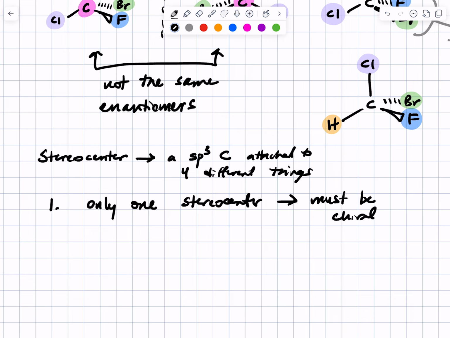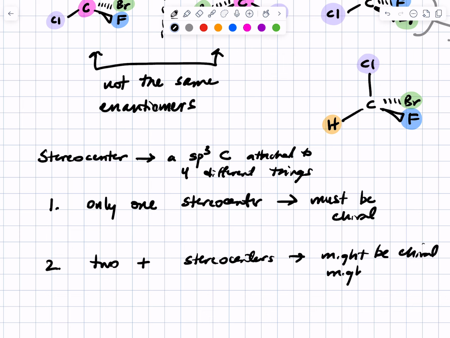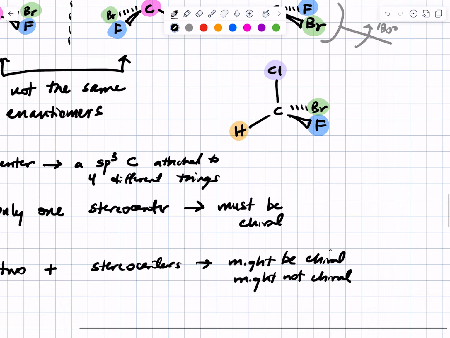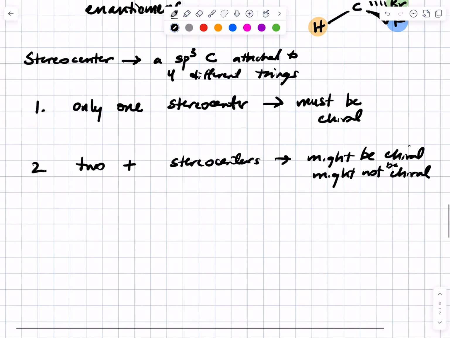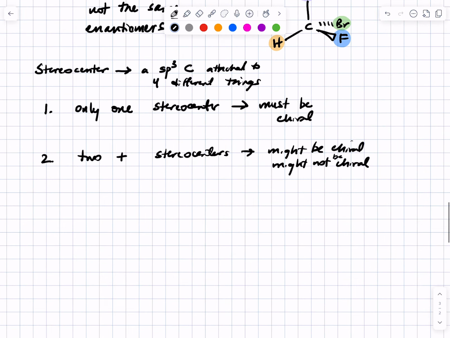If a molecule has two or more stereocenters, it might be chiral, but it might not be, and you have to check. Let me give you an example of a molecule with stereocenters that is not chiral. In fact, you've already seen it today.